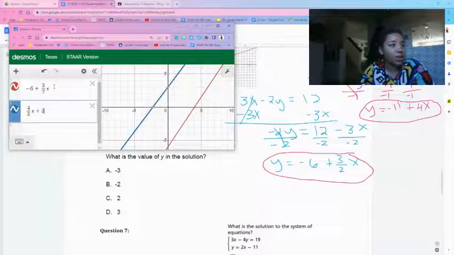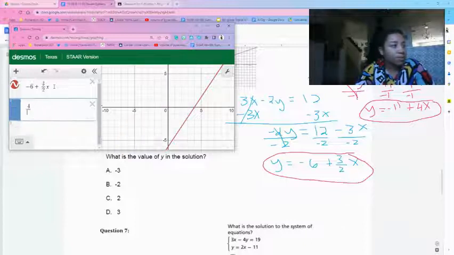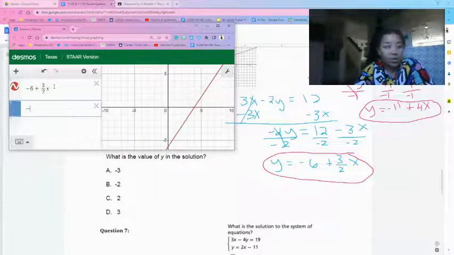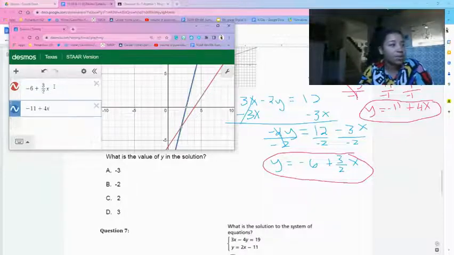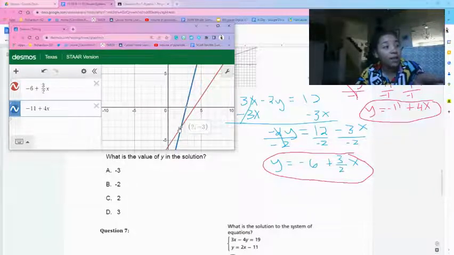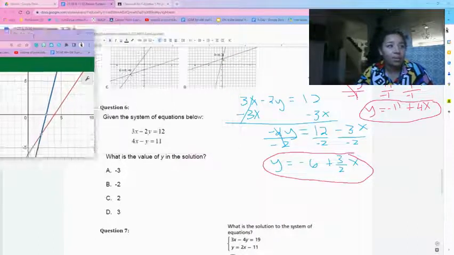Then we're going to have this one, which is -11 plus 4x. We see where they intersect, and we also see, hey, the y value is -3. So the answer is still going to be A.